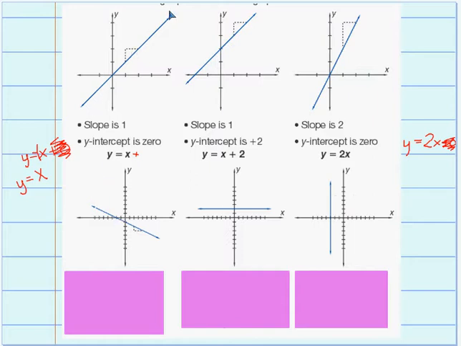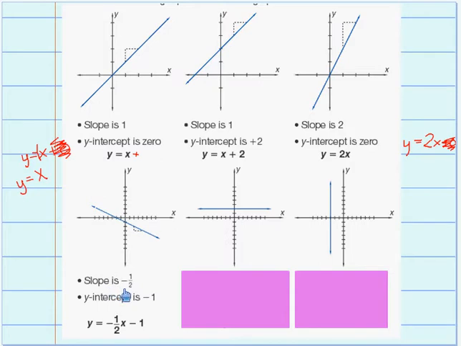Okay, so just looking at these top 3 lines, we could tell that we had positive slope, so we knew that we should end up with a positive slope in our answer. If you look at this graph, you can tell that it has a negative slope. It slopes down. We're crossing the y-axis at the point -1, and our slope would be, let's see, we went down 1 and over 2. So down 1 over 2 would be -1/2.